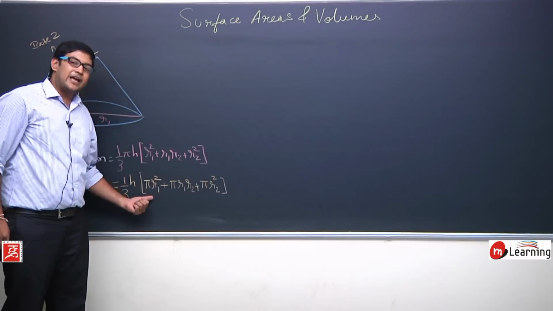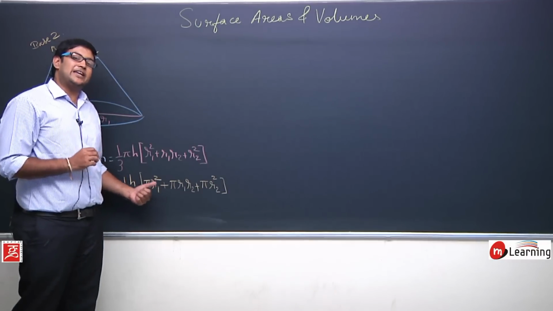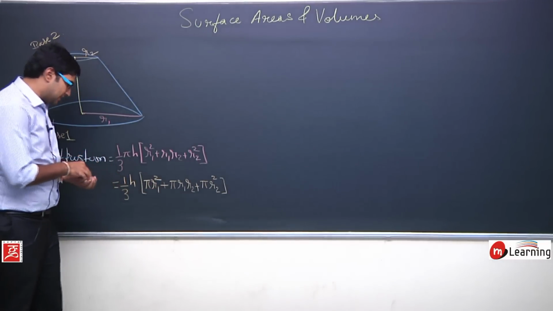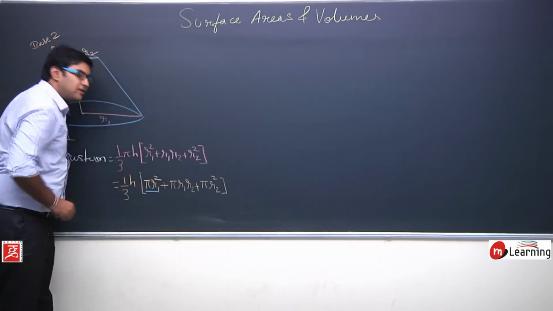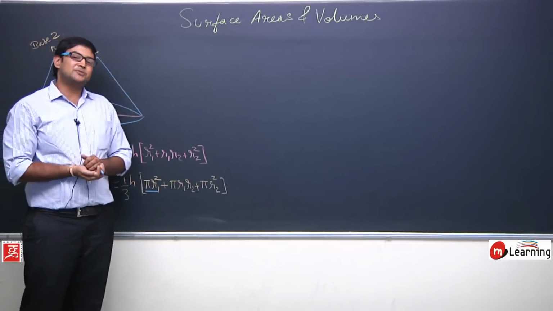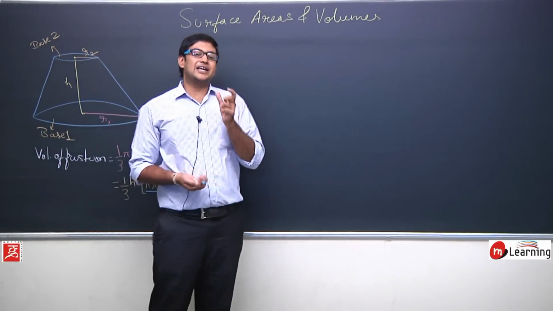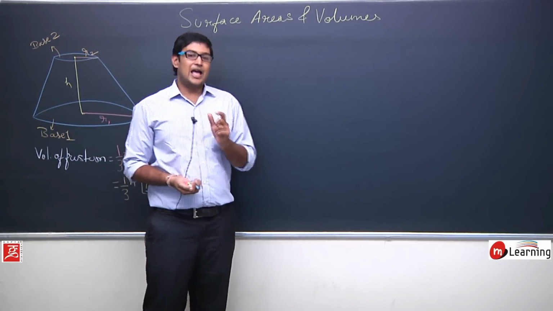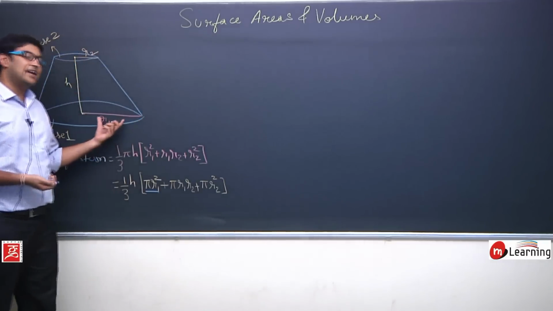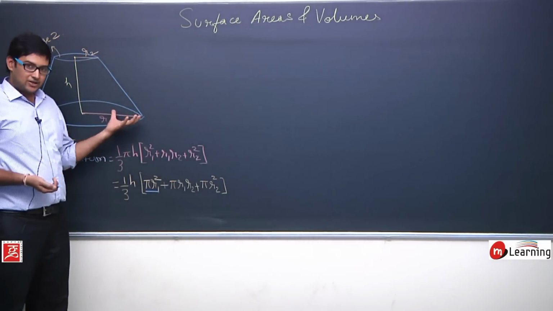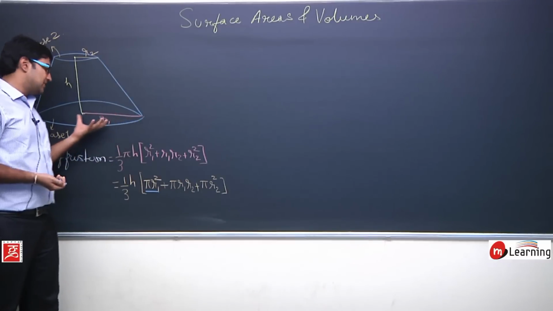Now in this value, if I observe carefully, what I can see is pi r1 square. What is pi r1 square? Pi r square represents the area of a circle, and r1 is the radius of the base of this frustum, which is a circle.